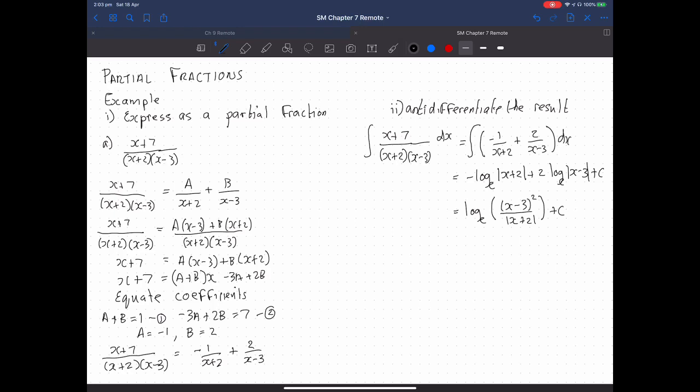Now, we know there is a restriction on this problem. We know that x cannot equal -2. We know that x cannot equal 3. So this solution is true over a domain of real numbers except for -2 and 3.